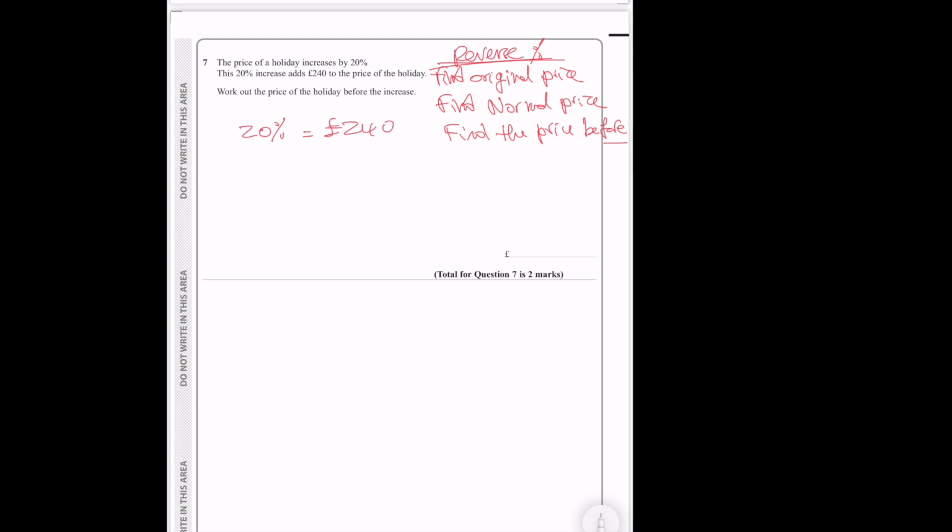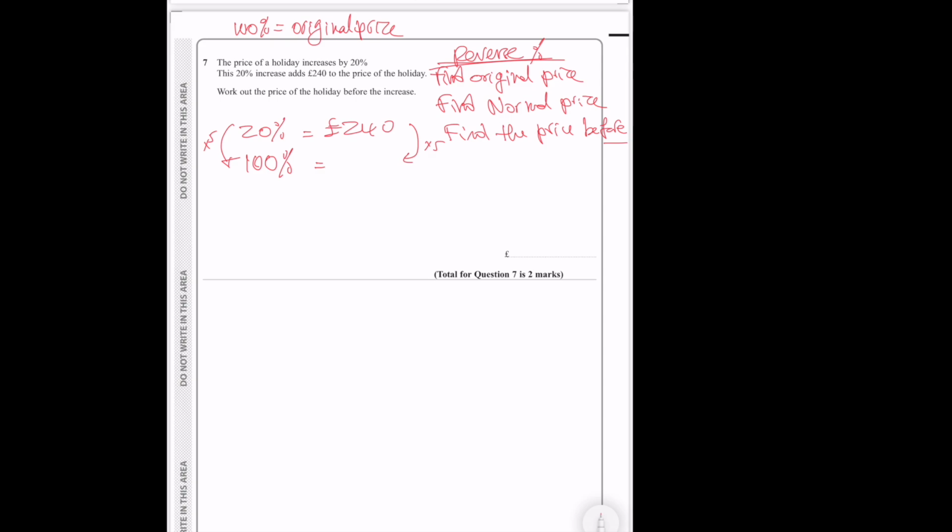And then if you want to find the original price, the original price is 100%. So 100% is your original price. So just do 100%, how much is it? Use ratio, multiply both sides by 5.